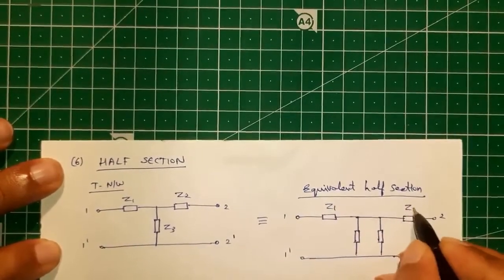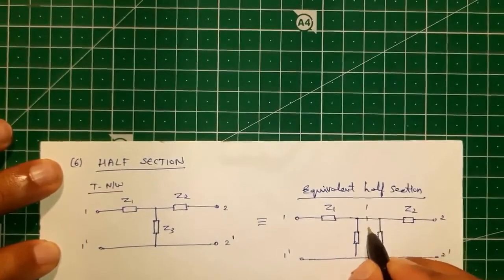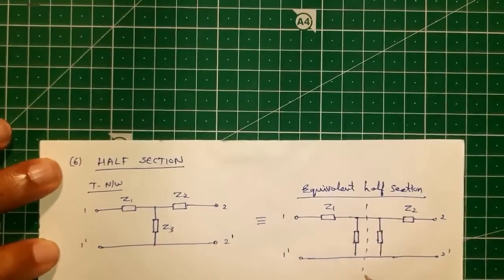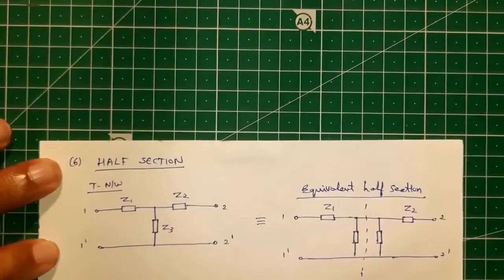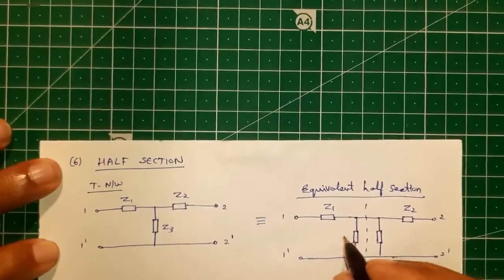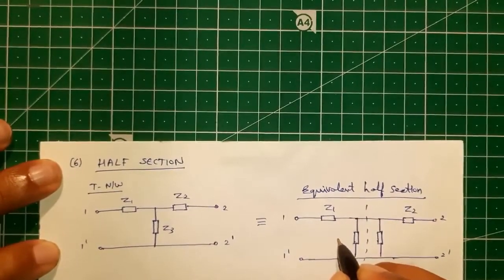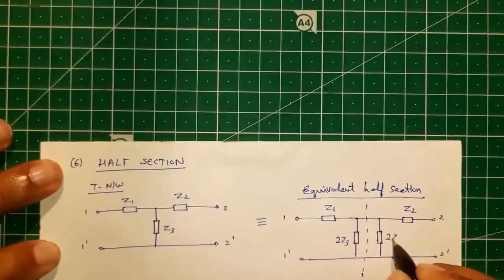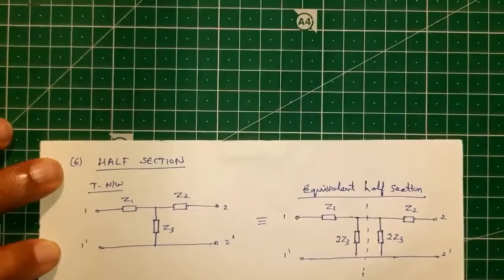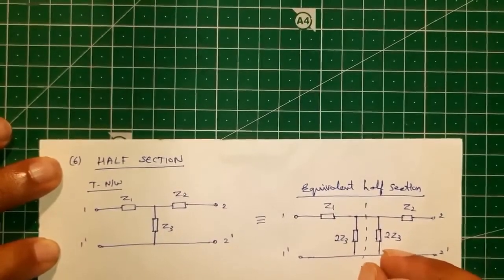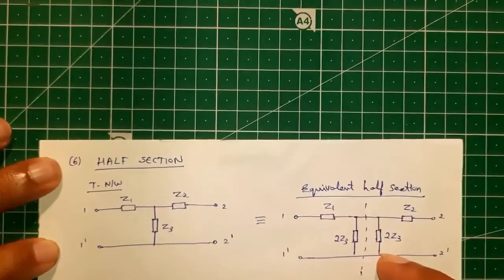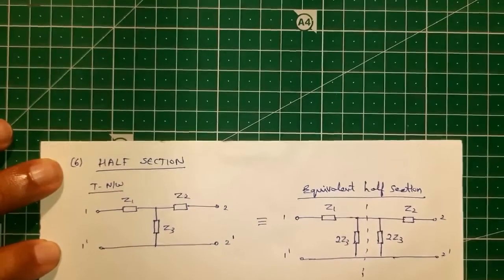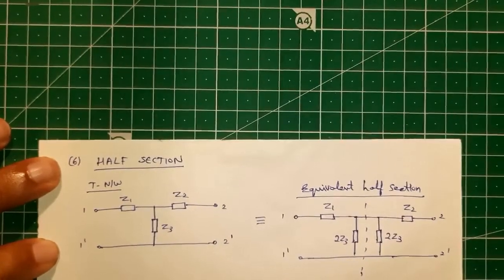Z1, Z2. Split it like this. So this has to be equal to twice of Z3, so that when we combine this in parallel, this will be equal to half of 2Z3, that will be equal to Z3.